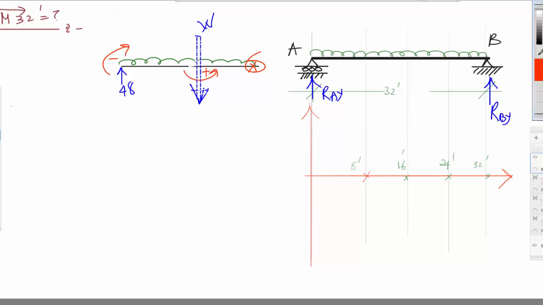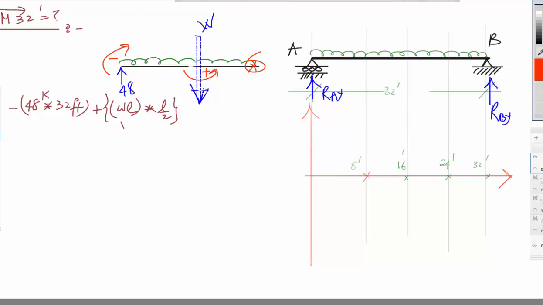So same, it will be minus 48 kip multiplied by 32 feet plus WL multiplied by L by 2.